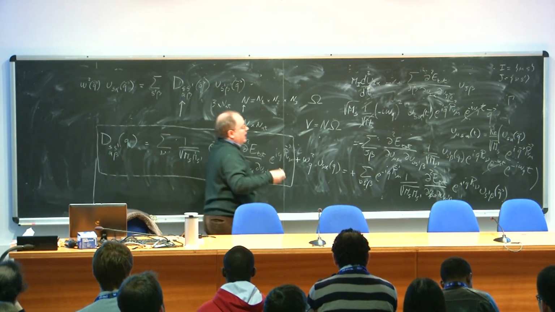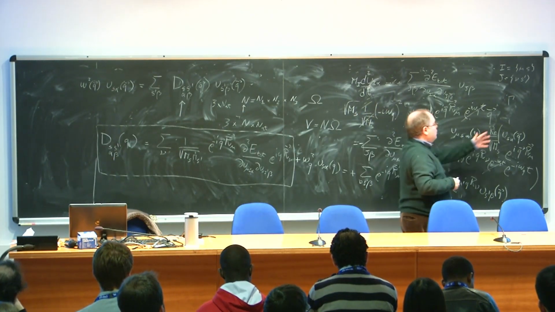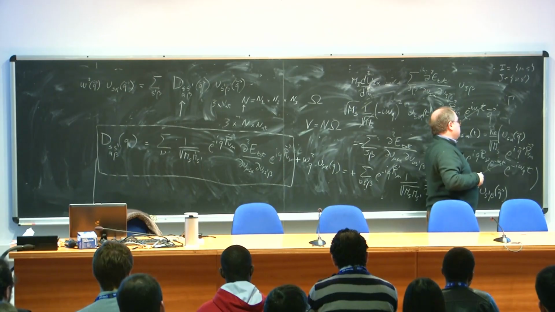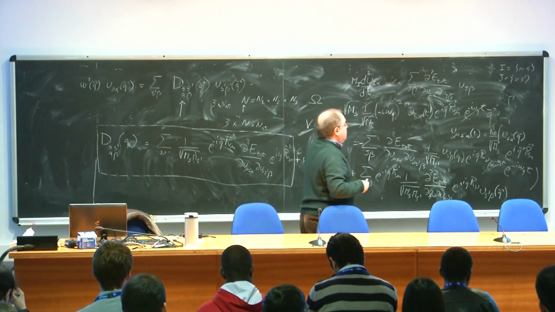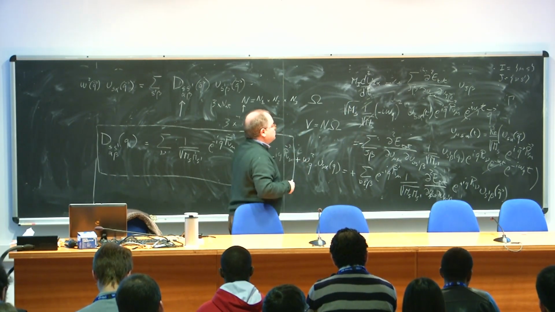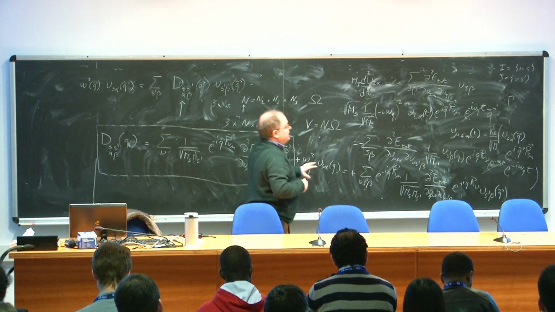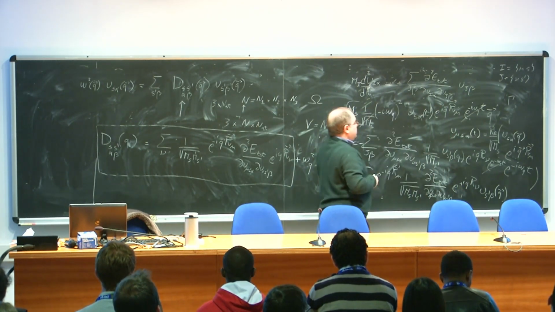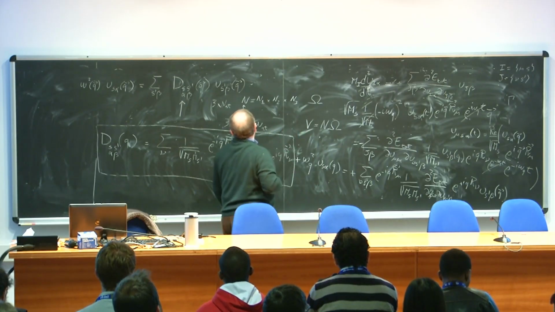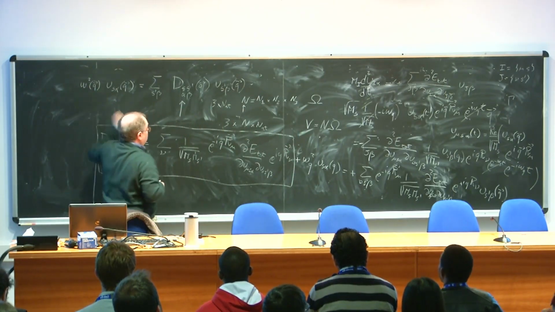And the final result will be a linear combination of all these particular solutions with coefficients that depend on the starting conditions. But at the moment, we focus on the calculation of the eigenvector of the dynamical matrix, this object U, and the frequency of the phonon omega Q.